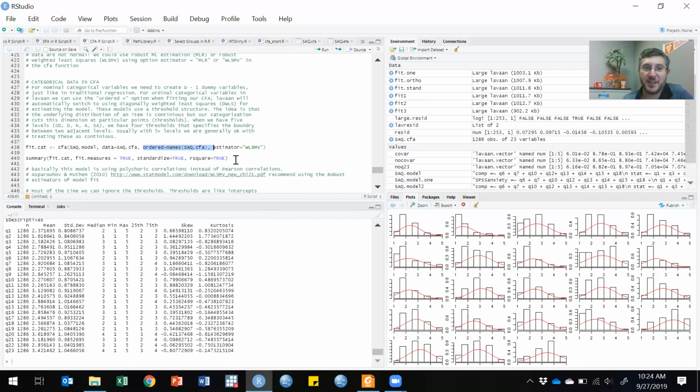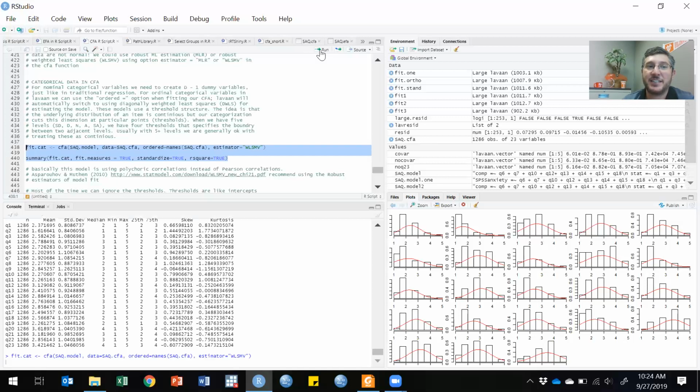The idea is that these ordered categorical variables are manifested by an unobserved continuous variable that we can't directly measure. We can measure it using these ordinal variables, so it takes that same idea from the polychoric correlations and estimates it.